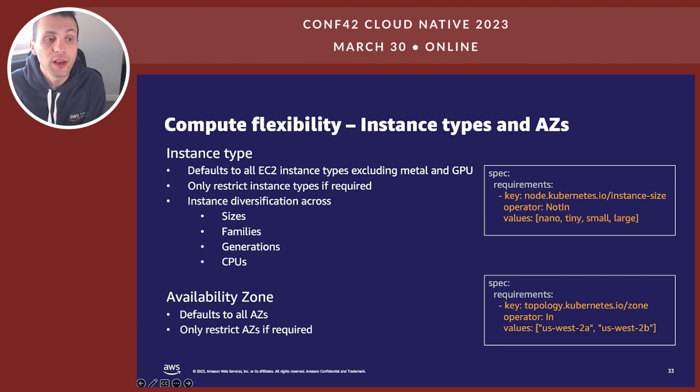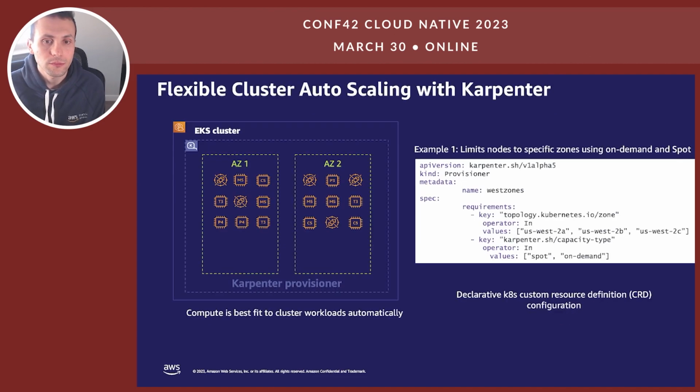But you can also have availability zones. You can say, well, this provisioner should only deploy new nodes into US West 2A and 2B availability zones. So you can restrict availability zones if you have a requirement that you want to make sure your applications, or a set of your applications, only run in this environment. Another thing you can do, this is just a new specific provisioner.